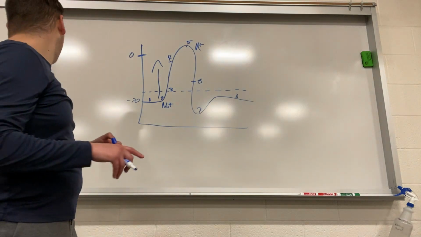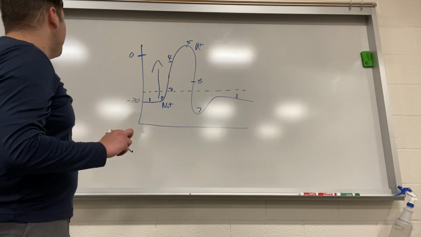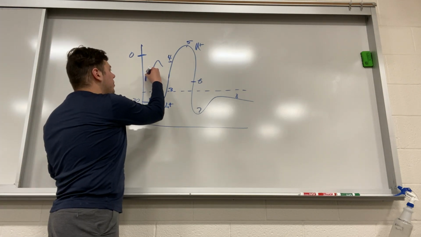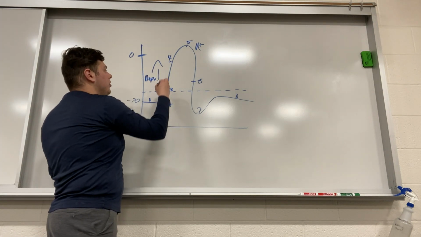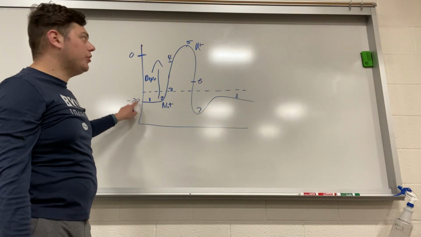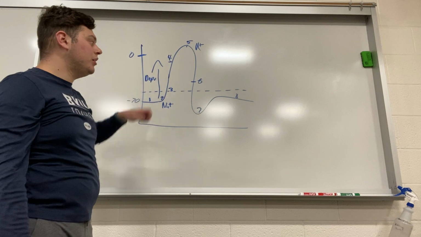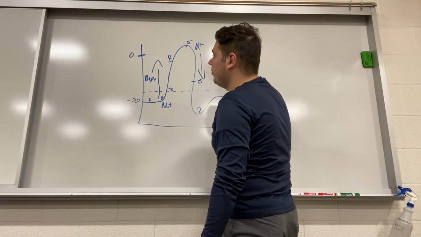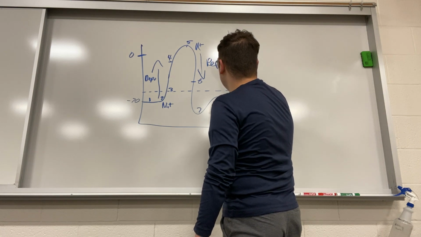Now something very important about action potentials is knowing terms. As I said before, this is depolarization when you go up. You're going from the resting membrane potential and you're going up, you're depolarizing it. When you come over here, this is called repolarization. So we call this repo.